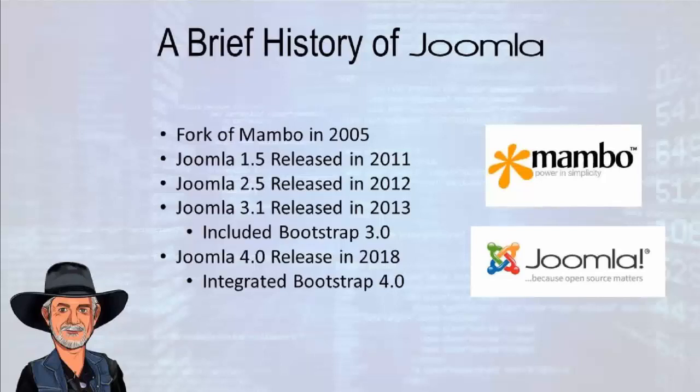Now, between 2005 and 2011, when version 1.5 was released, there were several release candidates, or RCs, released, but none of them were production ready. Joomla 1.5, released in 2011, was the first LTS, which is a long-term service release, but as far as true functionality goes, it was still pretty rough.